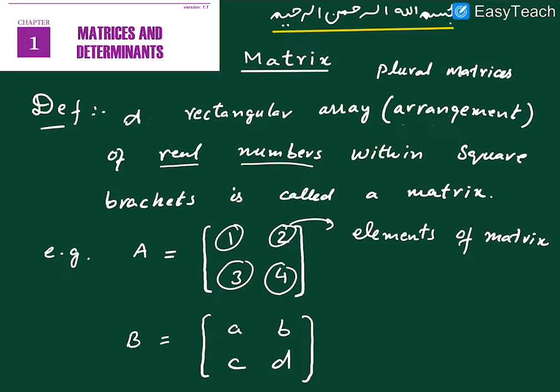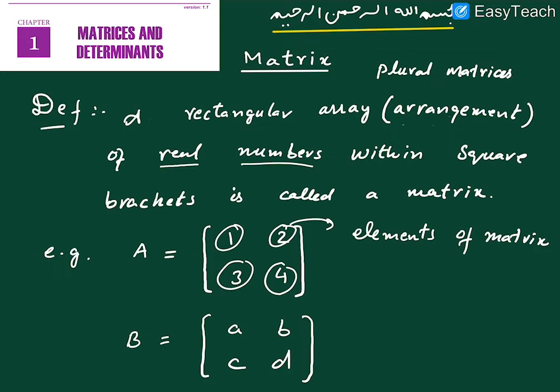Now you can see this is a special arrangement of numbers in the form of rows and columns. So here we have, see, this is called a row. So a matrix has m number of rows and n number of columns. It may have many number of rows and many number of columns.